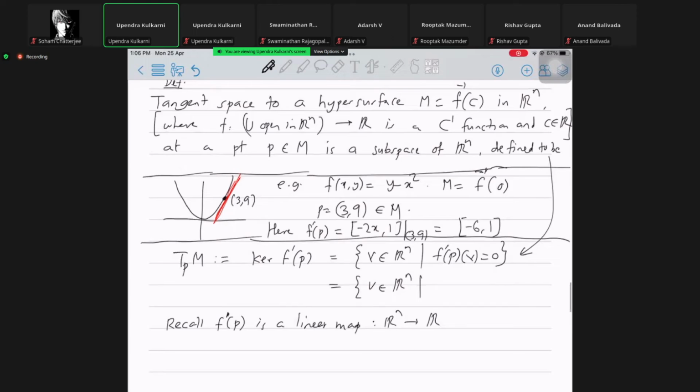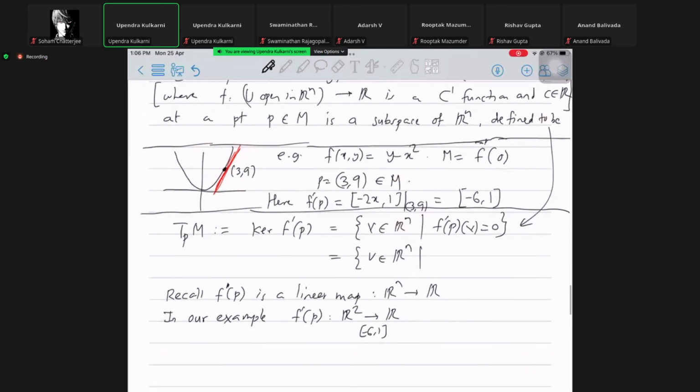So in our example, F prime of P is a map from R^2 to R that has matrix (-6, 1). If I take the vector (u, v), where does it go?